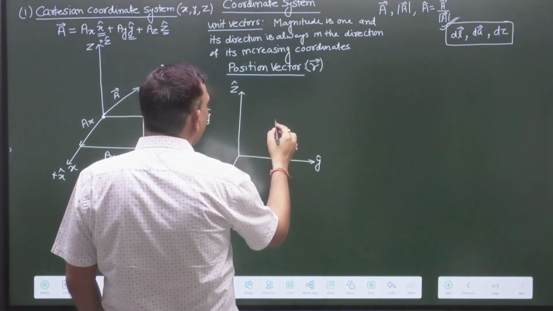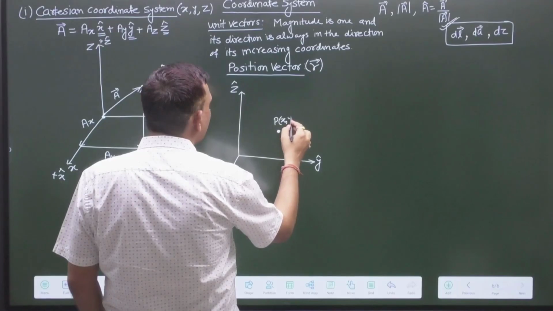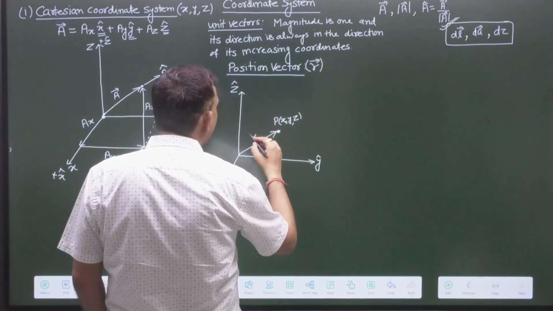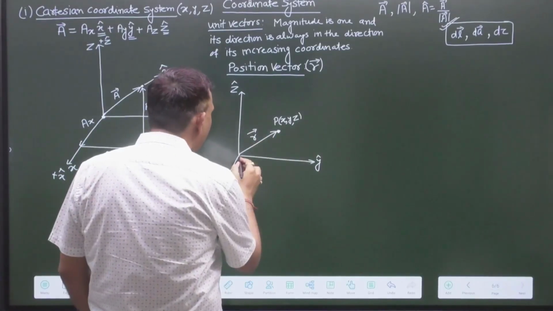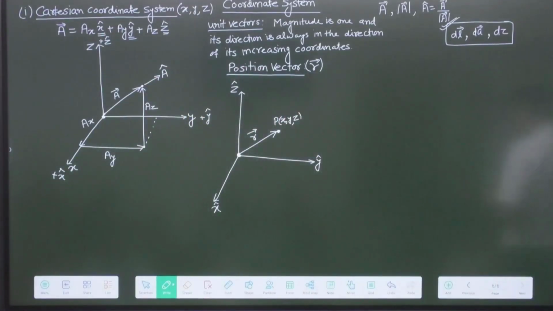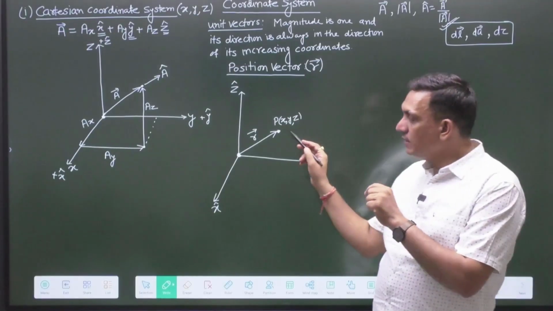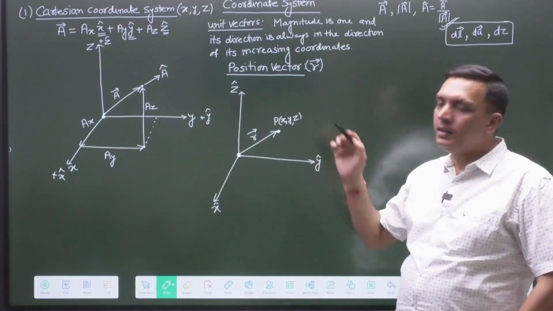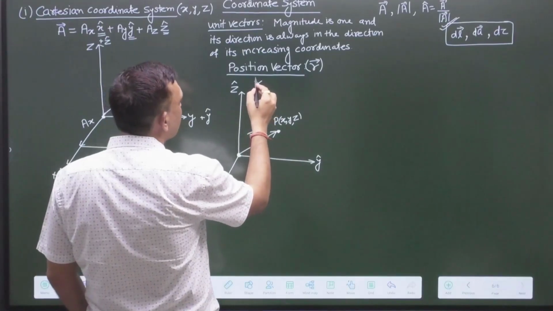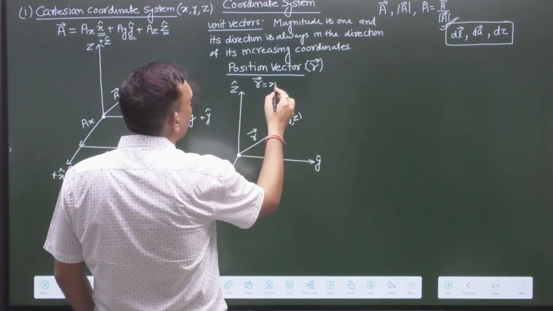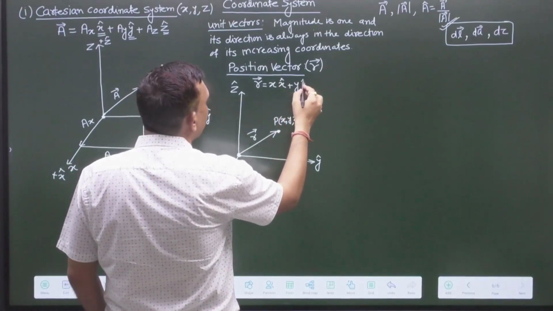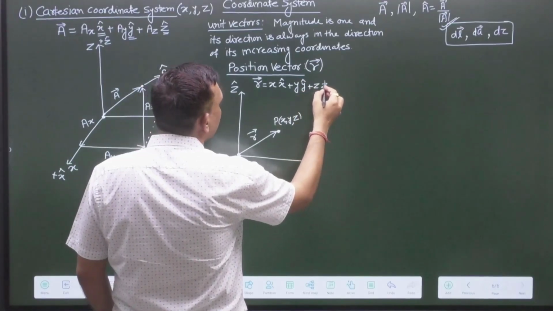And you have some point P whose coordinates are X, Y, Z. And this point P is represented by its position vector R. So you have connected point P with the origin. Each point P has its own position vector depending on its coordinates X, Y, Z. So position vector R is given by X x cap plus Y y cap plus Z z cap.